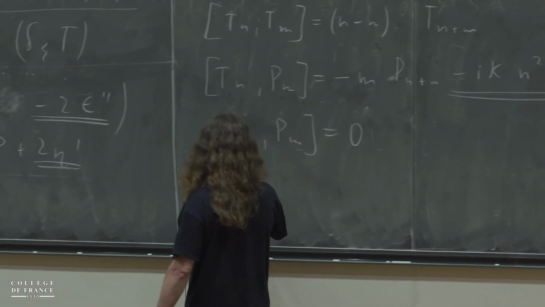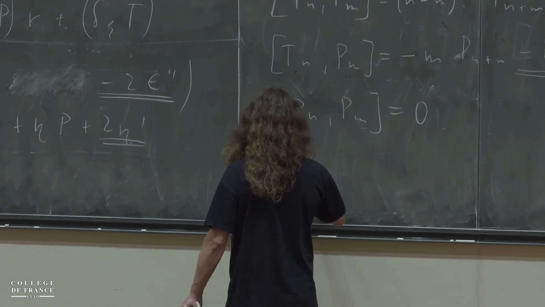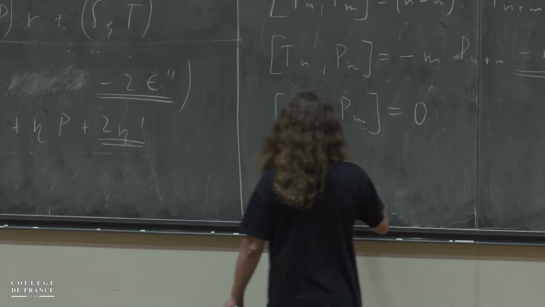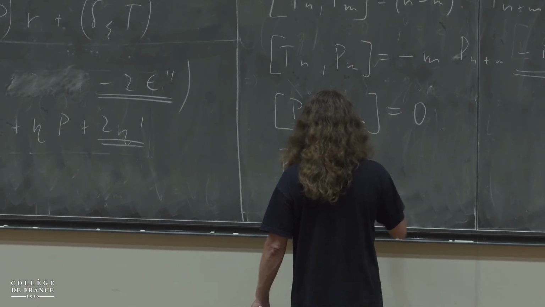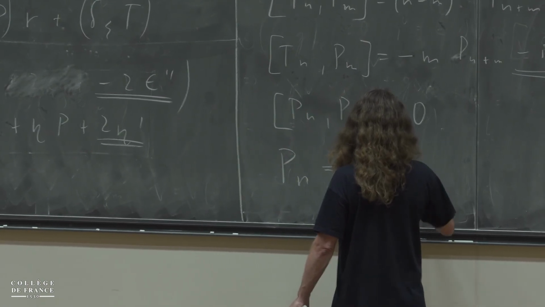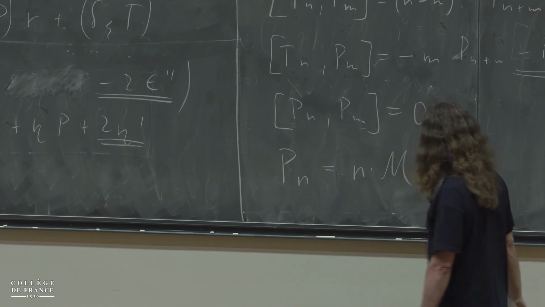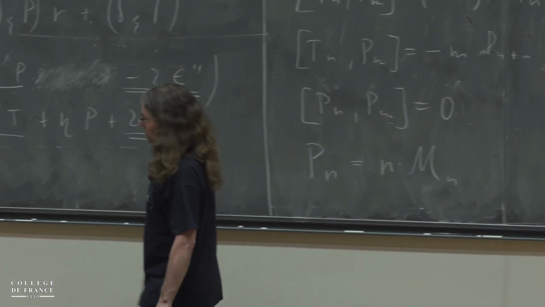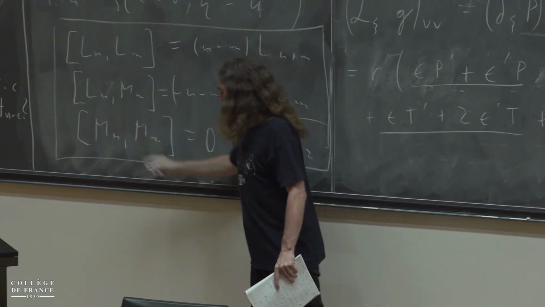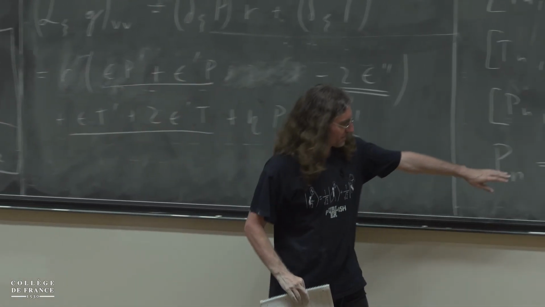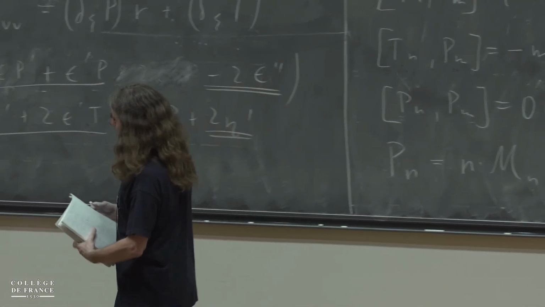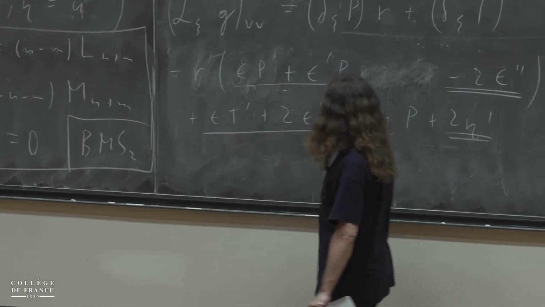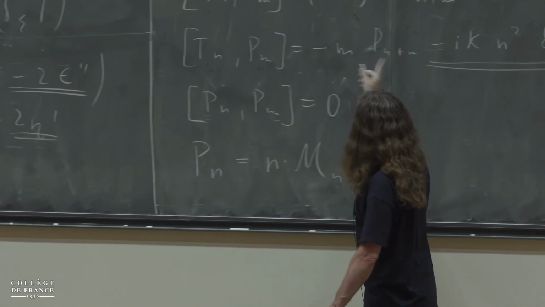And maybe for completeness, let me mention that Pn is n times some, I don't know, mn. And that mn would be the charge associated with these supertranslations. So there's a shift by spin 1. So this was spin 0 supertranslations, and these are now spin 1 supertranslations.